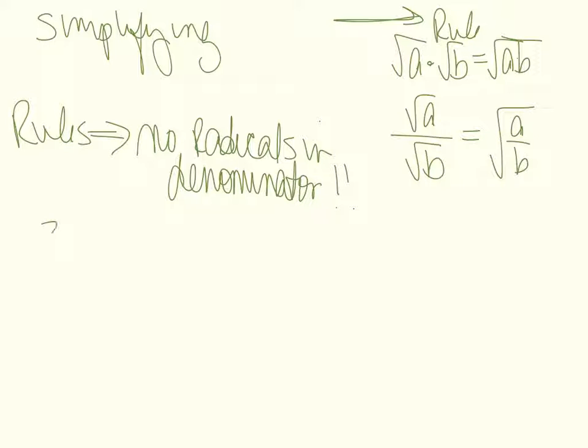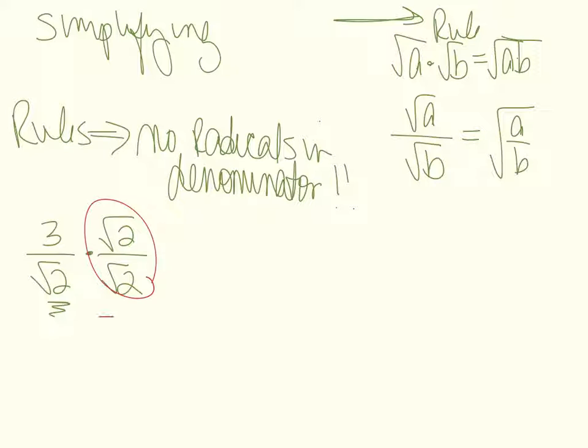For instance, if I have 3 over the square root of 2, I'm not allowed to have that square root of 2 in the denominator. So I need to multiply by, pick what's down there, square root of 2 over square root of 2. Now, what if I divide the square root of 2 by the square root of 2? I would get 1.